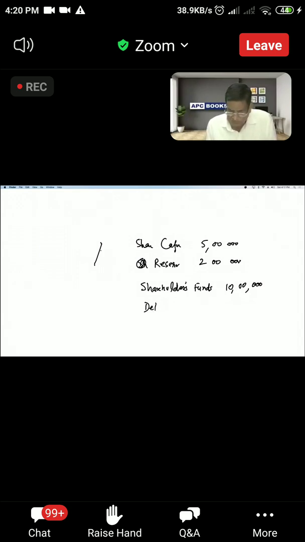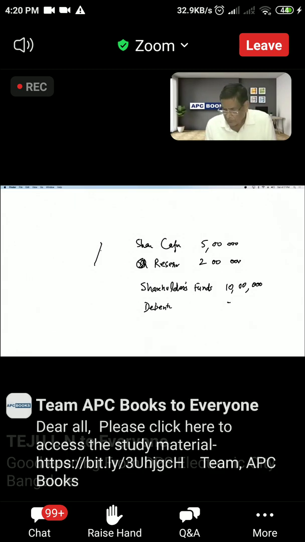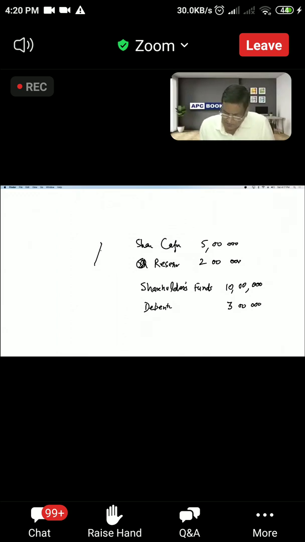Debentures 3 lakh. What is the capital employed? In this illustration, what is the capital employed?